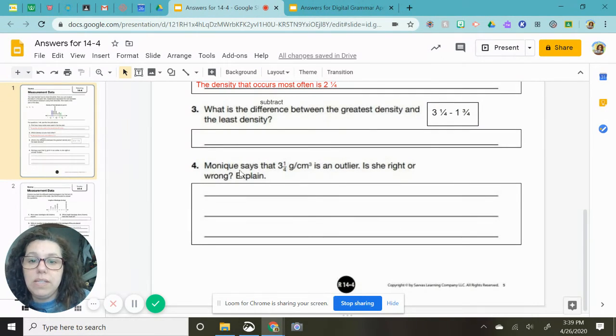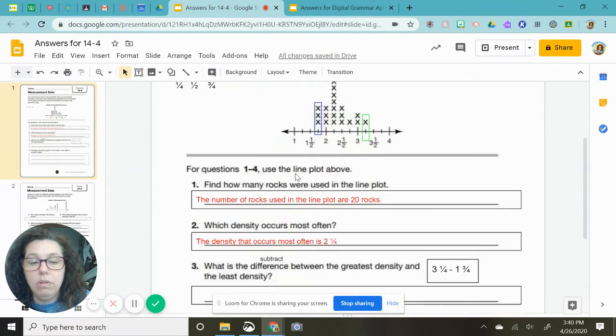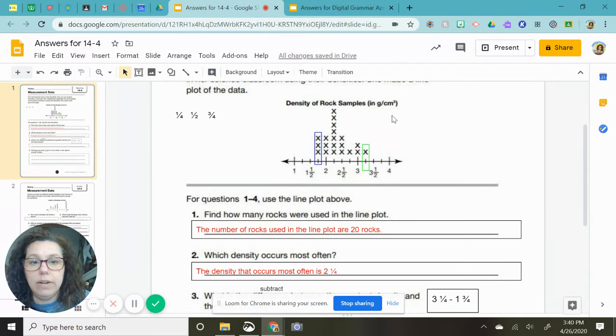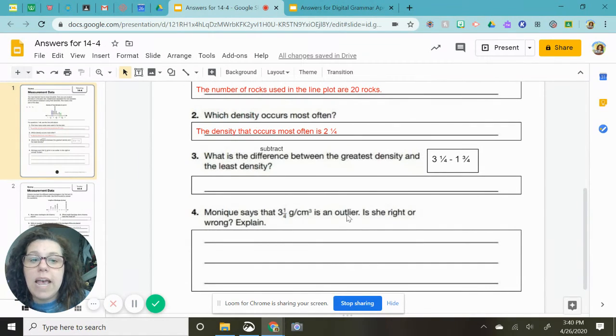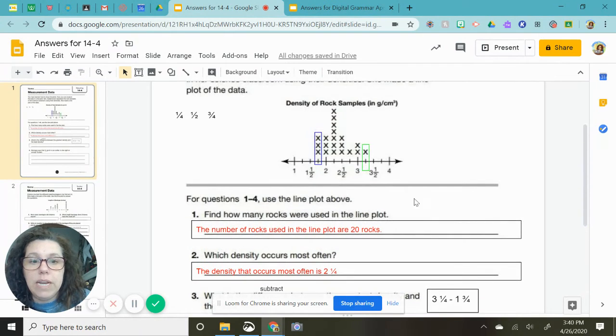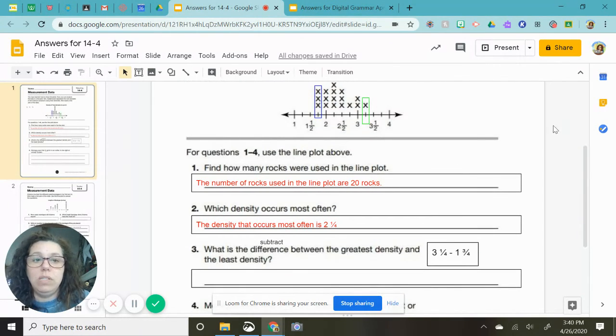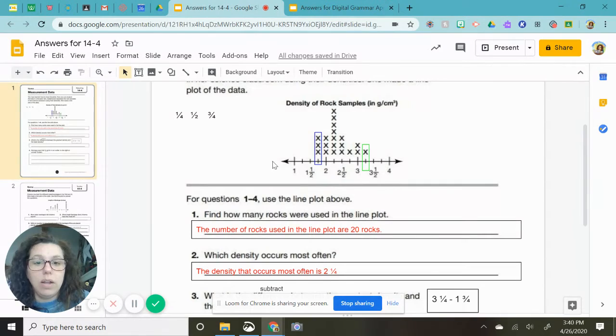Then Monique says that 3 1/4, the label for our data right here, is an outlier. Is she right or wrong? Well, if you remember, an outlier is like an outsider. For us to have an outlier, it would have to be way over here or way over here.